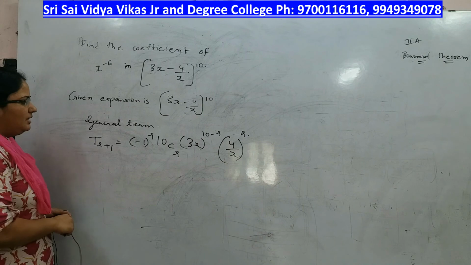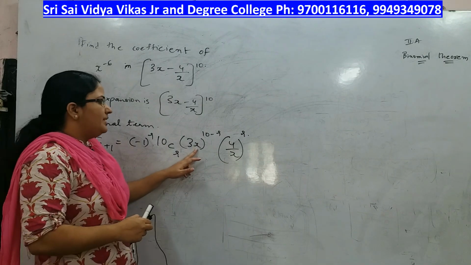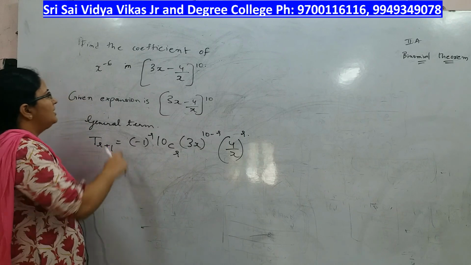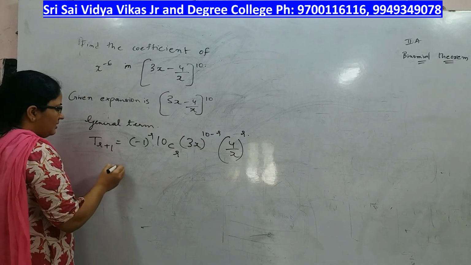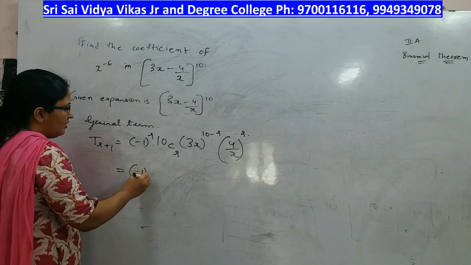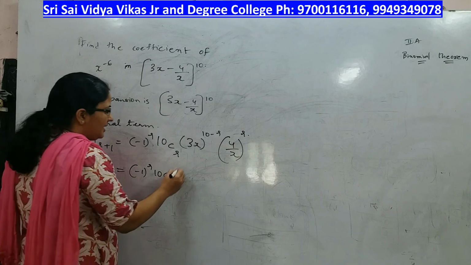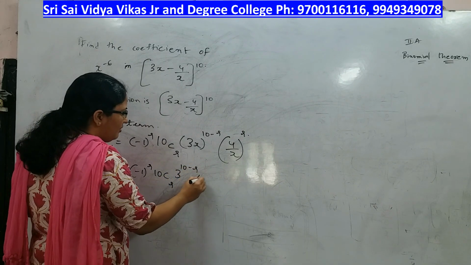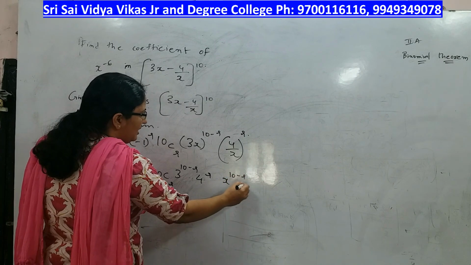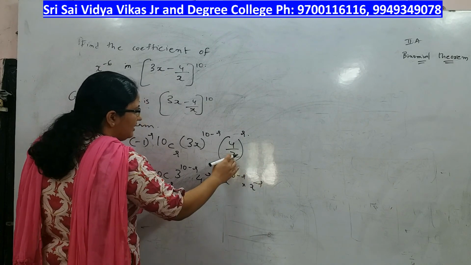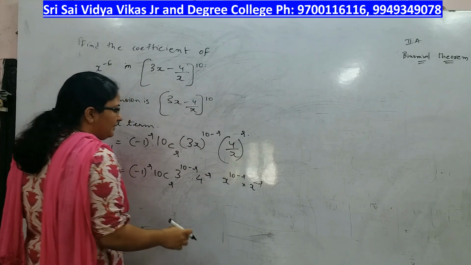So here we have to take the x coefficient. The x exponent should be equal to minus 6. So this can be written as minus 1 whole power r, 10 Cr, 3 power 10 minus r, 4 power r, x power 10 minus r into x power minus r.